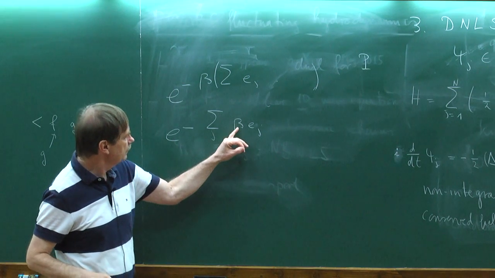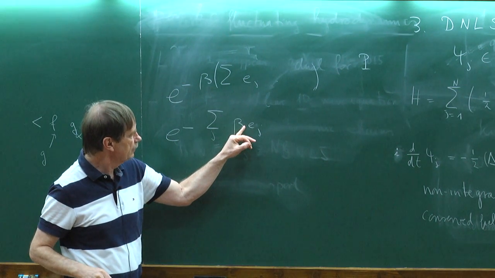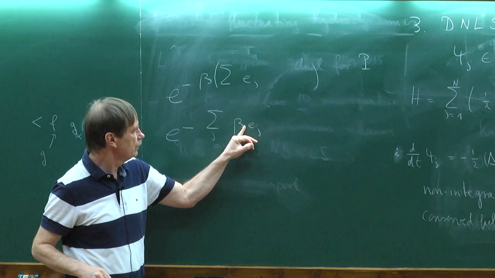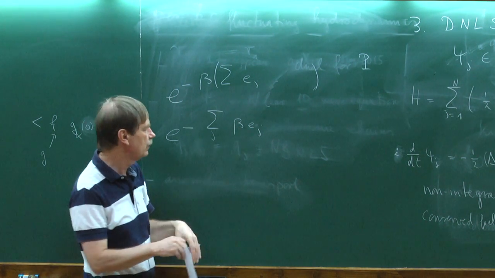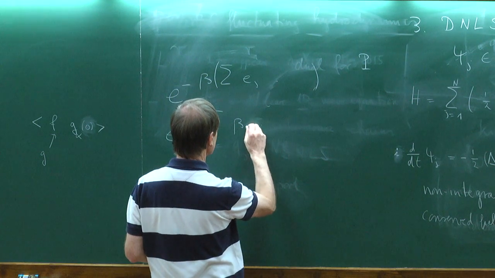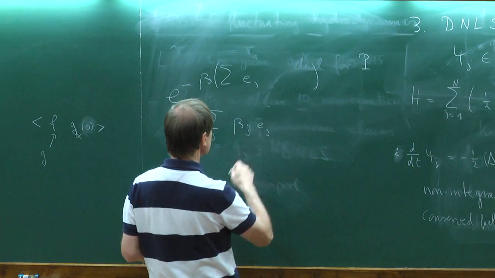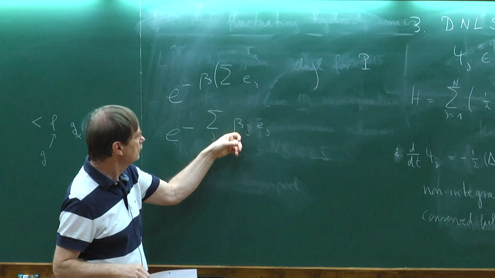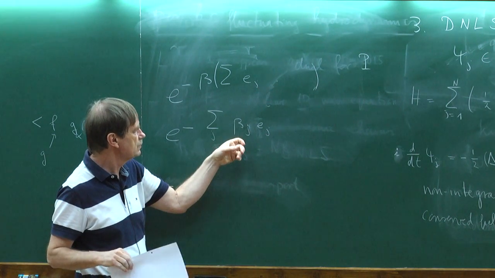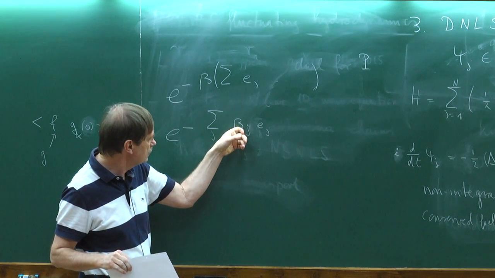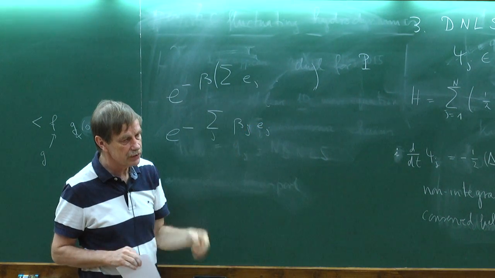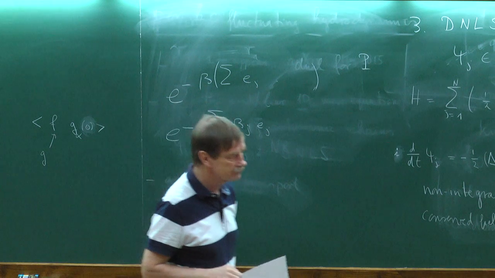But now I assume that beta is lattice dependent, but it varies on a macroscopic scale. It's a slowly varying function, so I can put in here beta j times Ej. Of course, if I think of beta varying on the scale of the lattice, this is another very meaningful state. But what I mean by local equilibrium is that this, as a function of j, has a very slow variation, as I indicated over there.